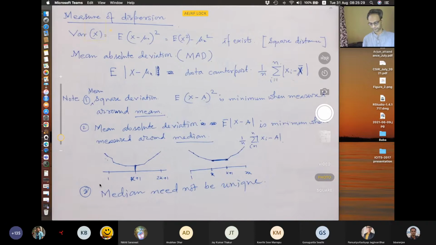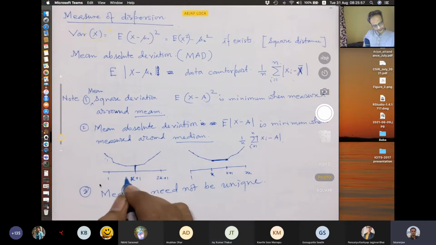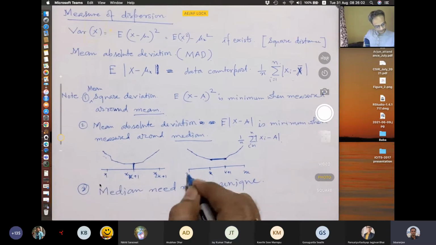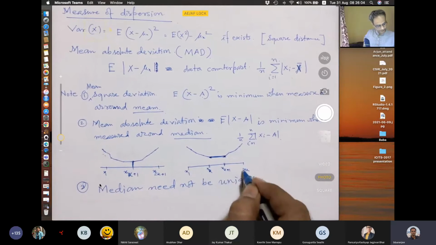Sir, if we increase the number of data points, the median will still be somewhere between xk and xk plus 1? No, it is not k to k plus 1, I should say it is xk.